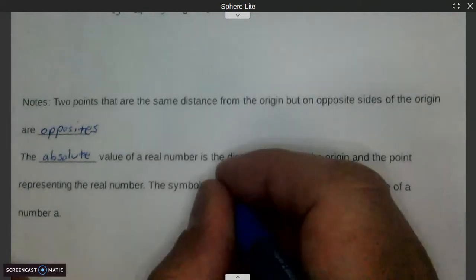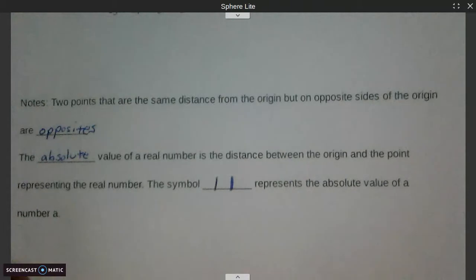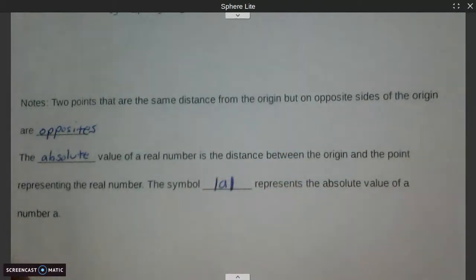Anytime I have absolute value, we like to use these really tall vertical lines, and we put what we're trying to find the absolute value of inside. So in this case, the symbol represents the absolute value of the number a.